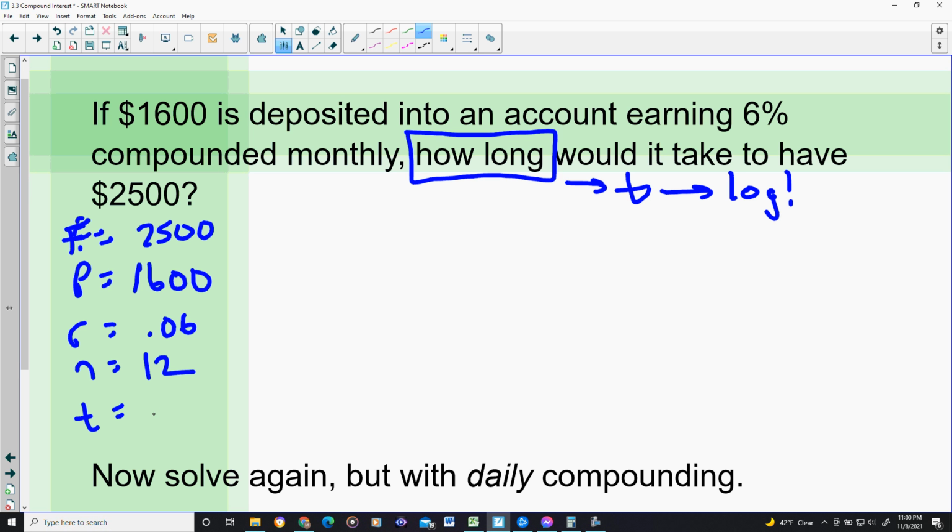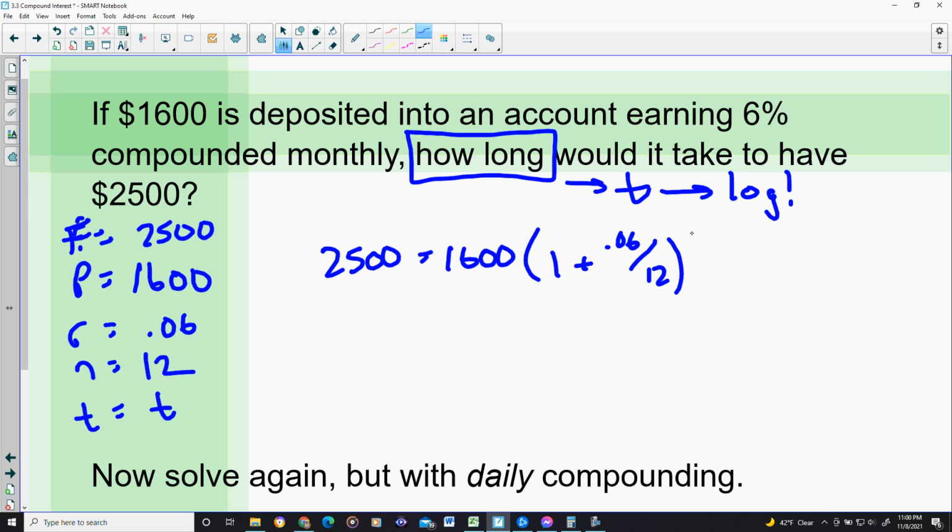Okay, 2,500 equals 1,600 times 1 plus 0.06 over 12 to the 12t power.